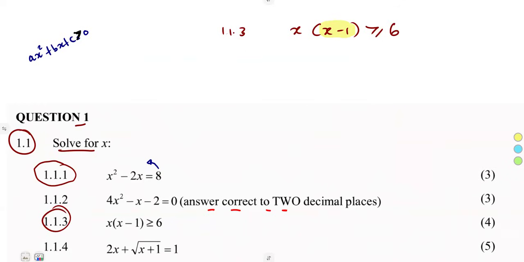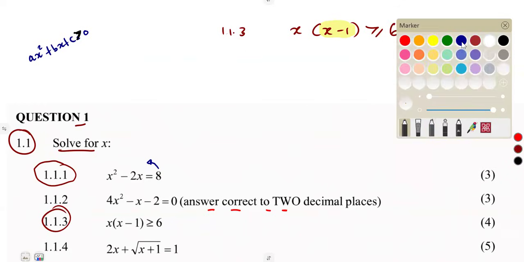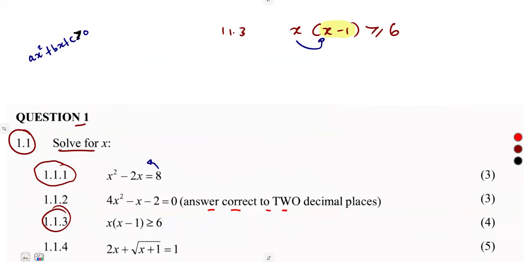We distribute x into the bracket. That is x squared, then x times -1, that is negative x, greater than or equal to 6. This is the part I'm explaining: we must have all terms on one side of the inequality, with one side being 0.